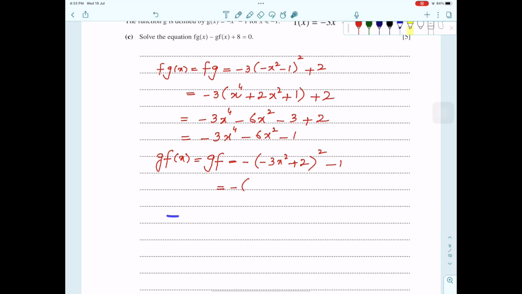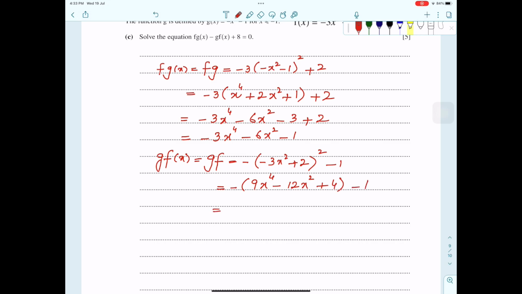For example, if you have minus a minus b whole squared, everything will be positive. But if it is minus a plus b whole squared, then it is a minus b whole squared. They are the same. So it is a squared minus 2ab plus b squared. So if you have only one negative sign, you are going to write a negative sign here. So it is 12x squared plus 4 and minus 1 as it is at the end.